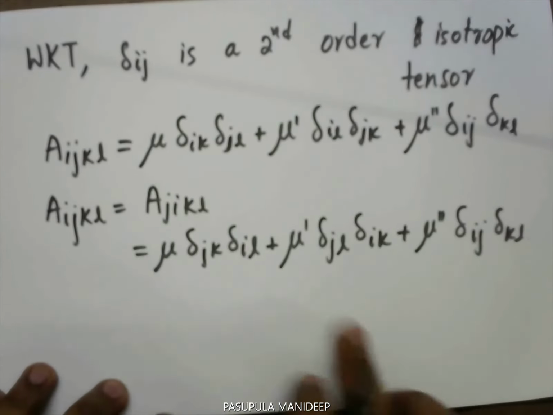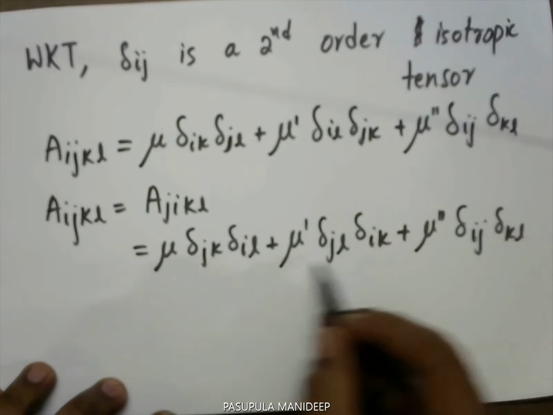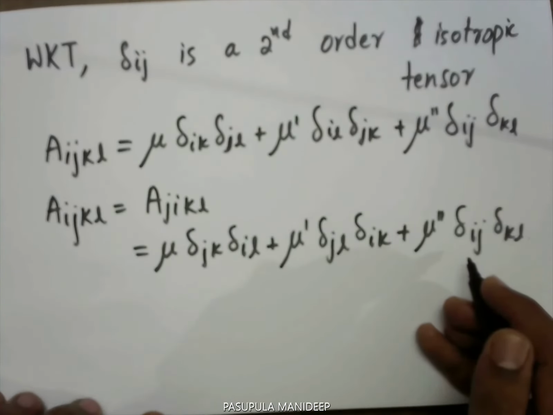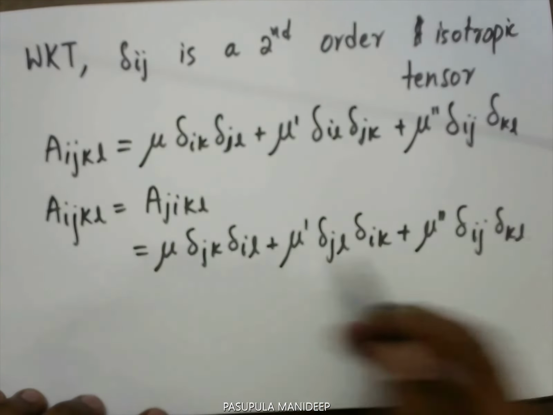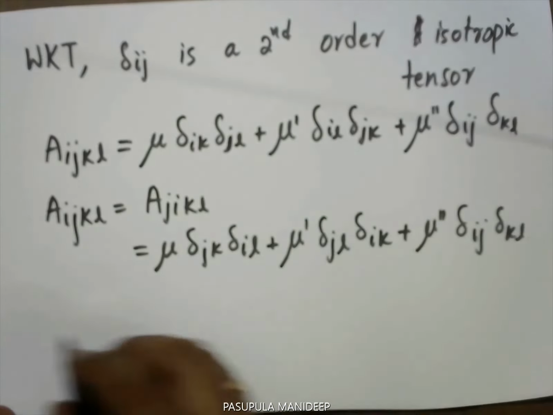These are basically the same because of symmetry in i and j, so we can equate both of these expressions.